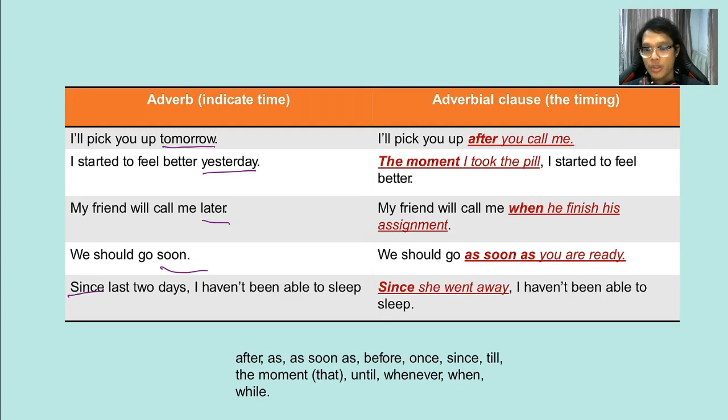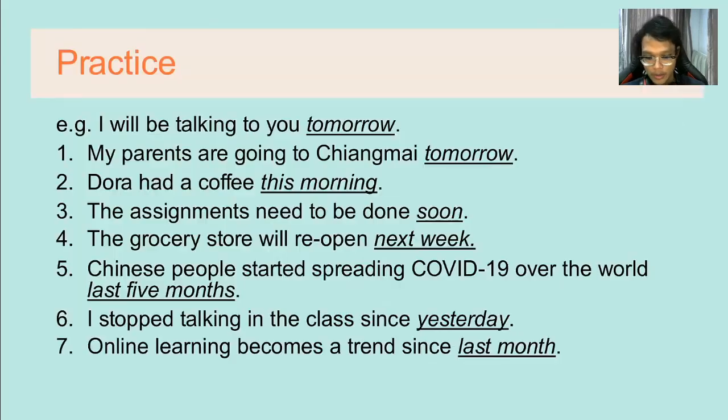It depends on your meaning, actually. By the way, the words before and after show you different meanings, right? So be careful when you use these connectors, because they will tell the listeners or the readers different stories.